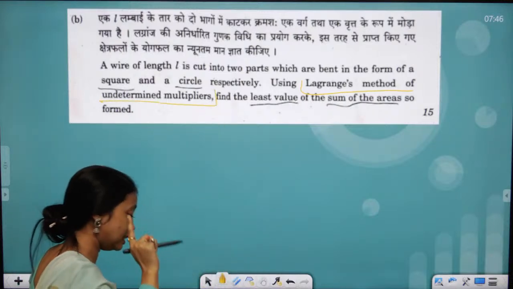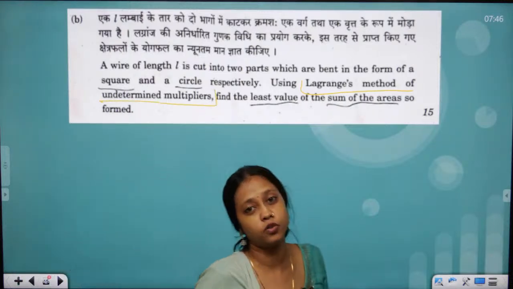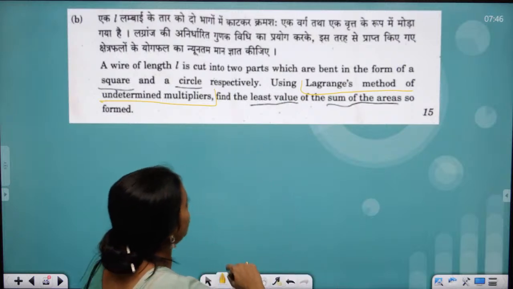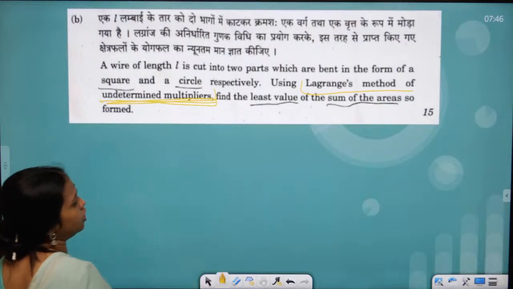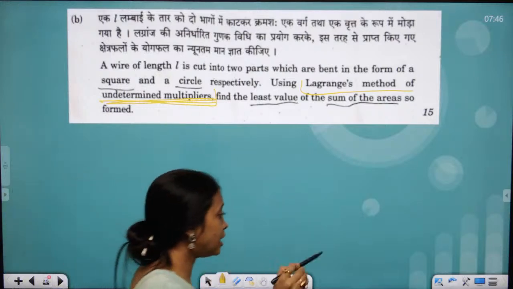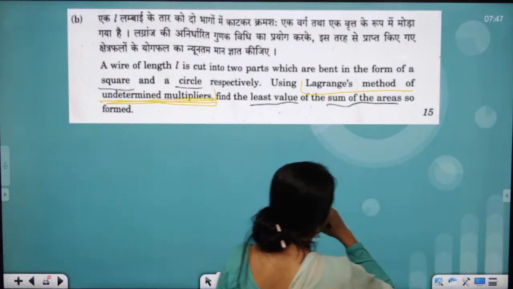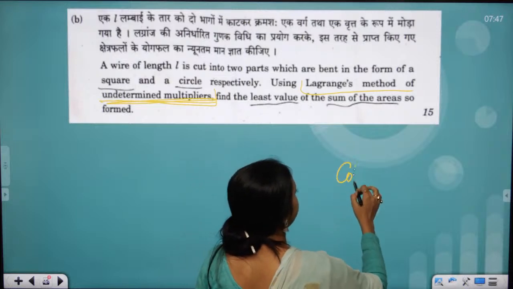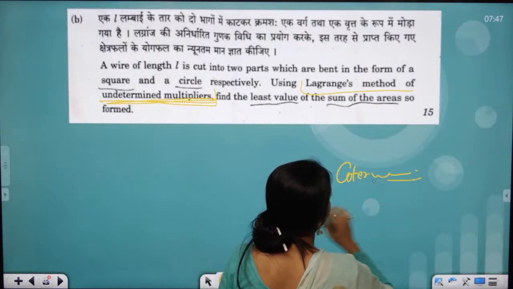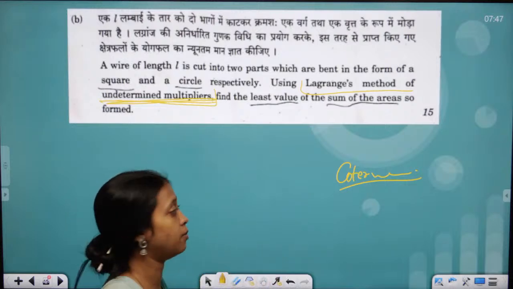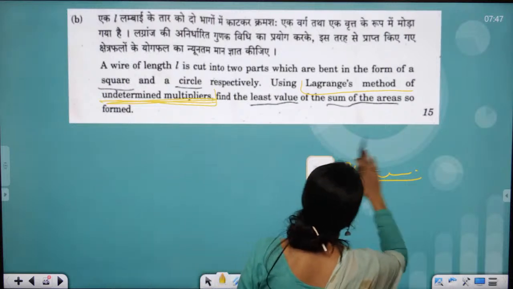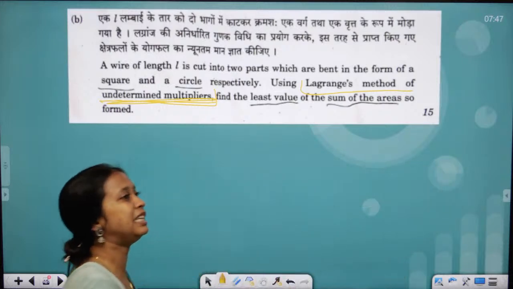When I was discussing the syllabus, I emphasized this word in the differential equation, undetermined multiplier, please don't leave it. I have underlined this in that section, catenary problems are there. I have underlined that also in the syllabus. So those kind of things which are repeatedly asked, please don't miss.